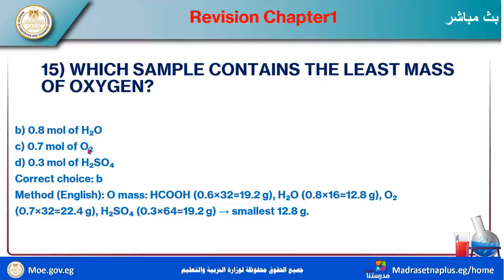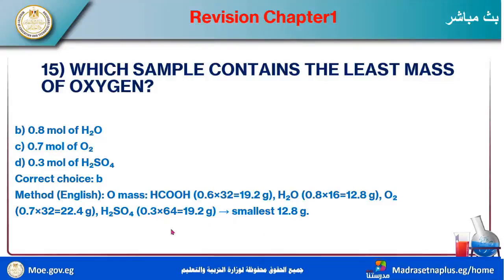H2O has 1 O, O2 has 2 O, but you must focus on these numbers: 0.8, 0.7, 0.3. You must know the way to calculate it. Firstly, you must try each one to find the least number.